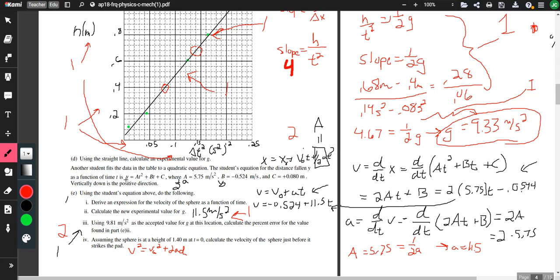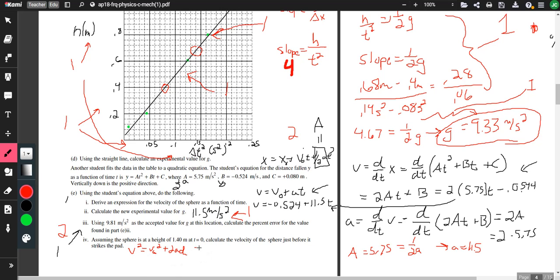But since these two equations work for a constant acceleration, then I can actually pull out this third equation, which is also for a constant acceleration.